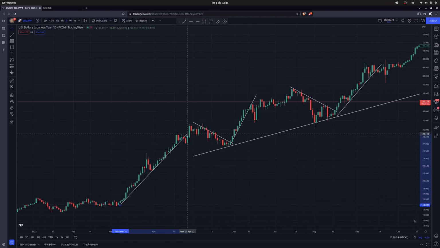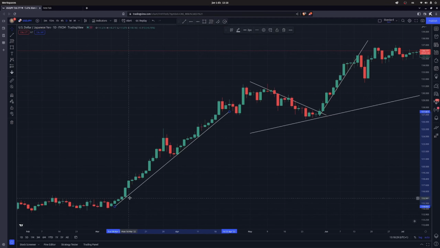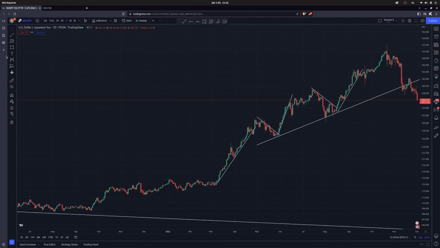If we would have drawn this line only based here on those 2 or 3 touch points, we would have seen here several future rejections. And yeah, here another one, like this, or like this, several touch points here.